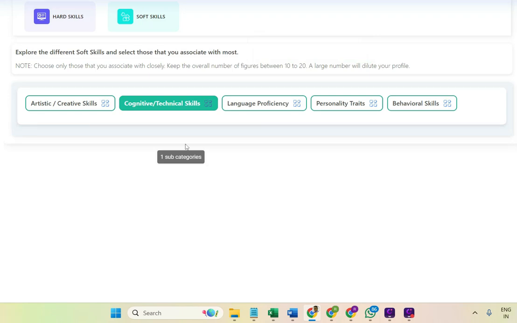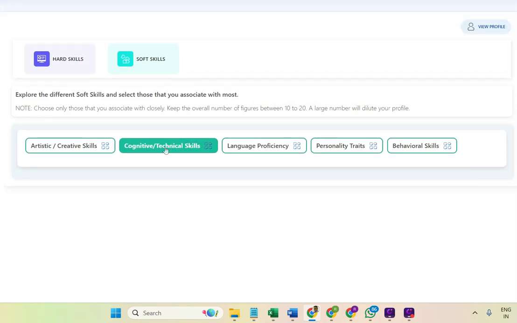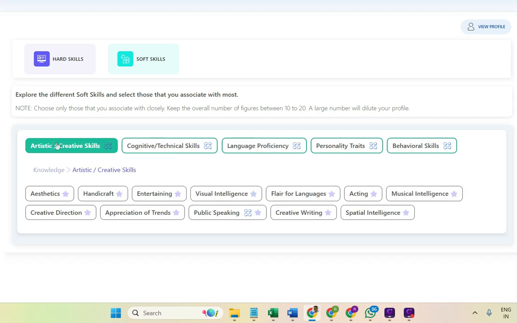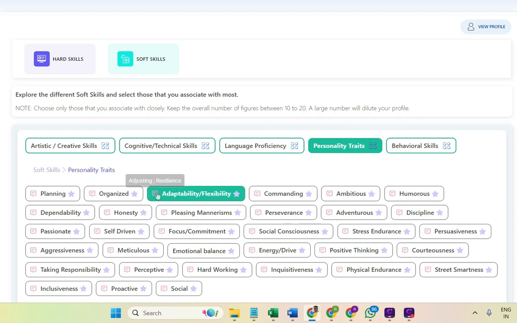Like that, one can define the different cognitive skills which are required for the particular role, and likewise the individual can build the skills profile by indicating the proficiencies for those skills. And this has the language proficiency, creative skills, personality traits, and behavioral skills. I would have some simple definitions.